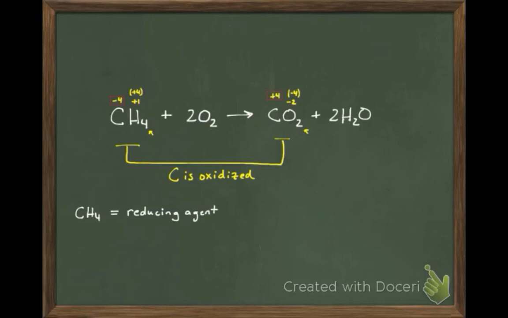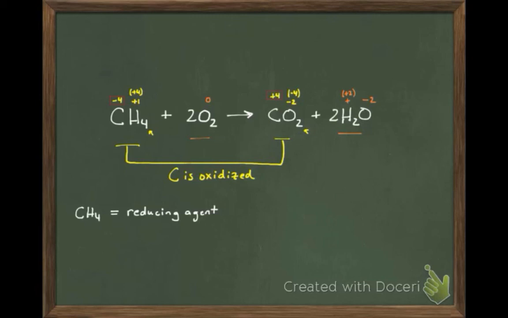The electrons that are taken from carbon are going to be given to something else. So the methane is essentially giving up electrons, in this case to O2. O2 starts out with an oxidation state of 0 and ends up in H2O. We assign oxygen a -2. Hydrogen is +1 for a total +2 to keep the compound neutral.